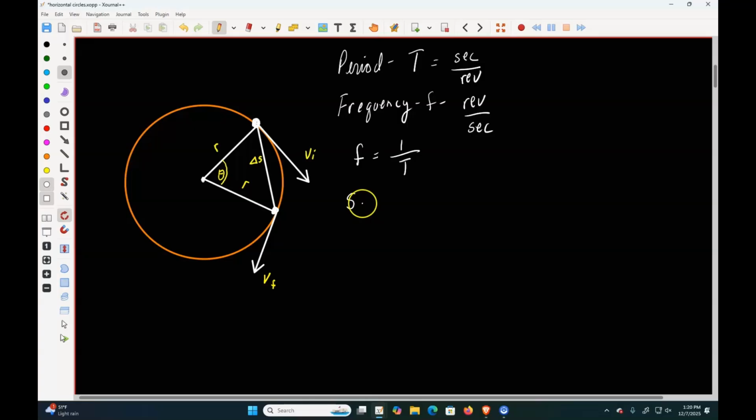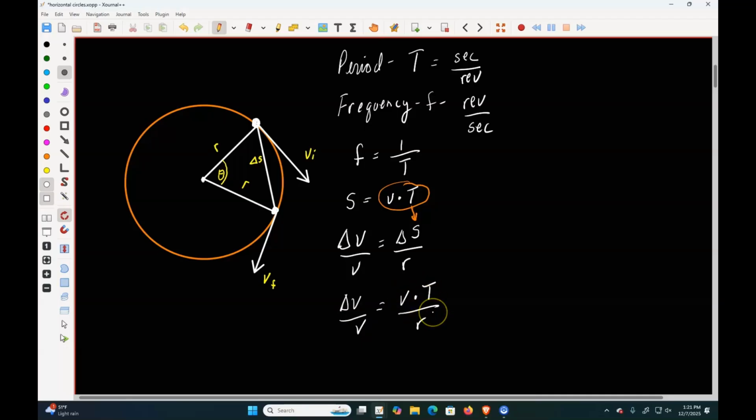We know that displacement or distance is equal to velocity times time. And the change in velocity is to the velocity as the change in displacement is to the radius. So if I replace S with velocity times time, then the change in velocity is to velocity as velocity times the time divided by the radius.